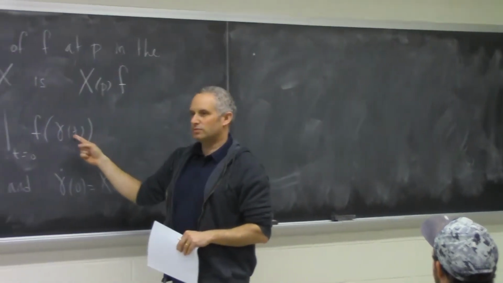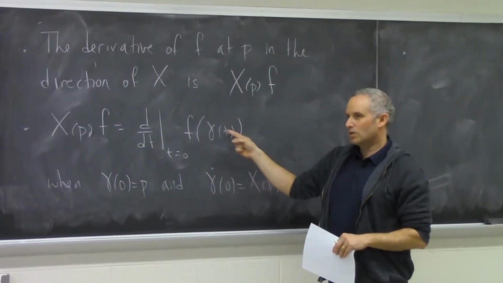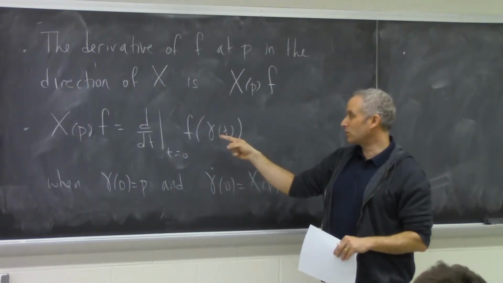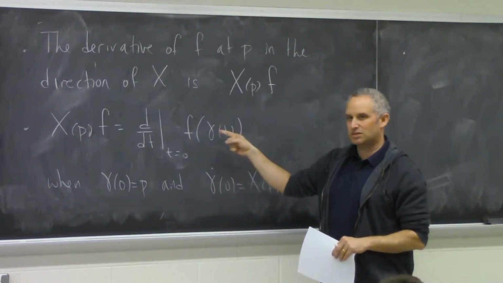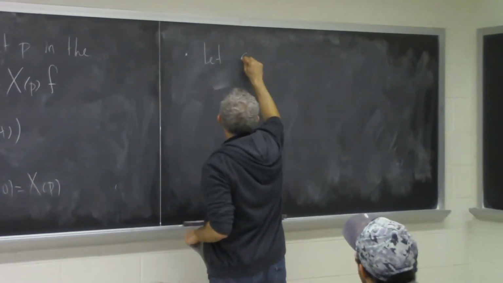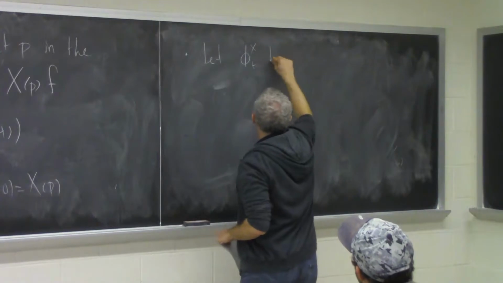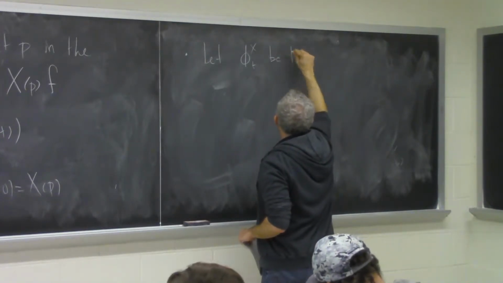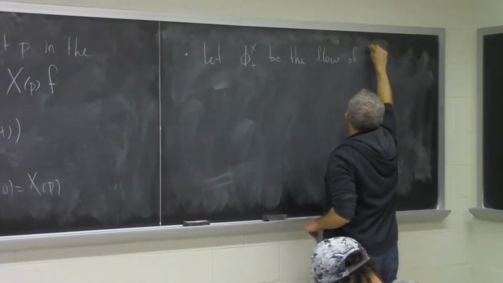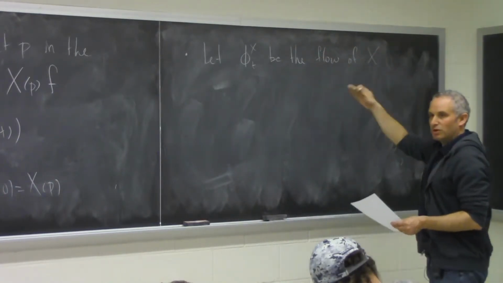Okay. So in order to resolve this problem, the first thing we're going to do is choose a curve. There's a natural choice of curve here with these properties. It's a curve given by the flow of X. So let φ^X_t be the flow of the vector field X. In local coordinates, we know how to find this.